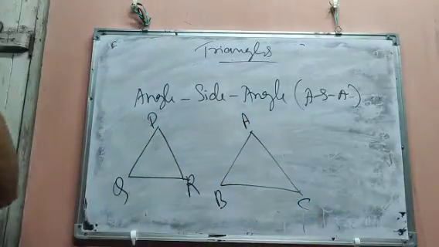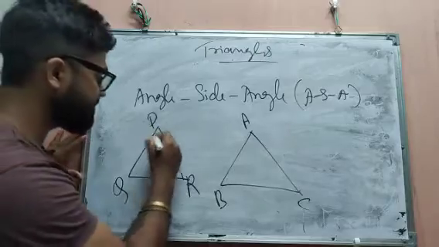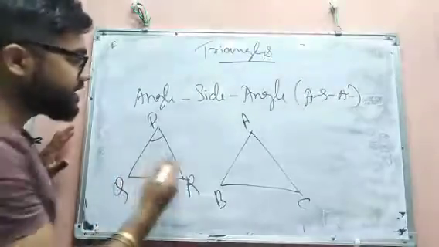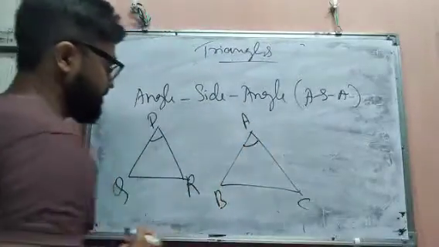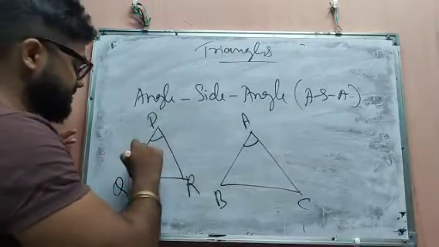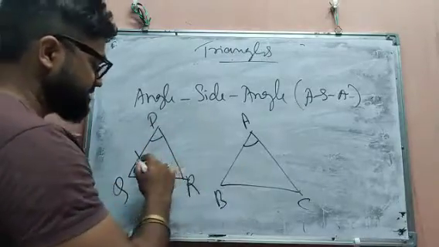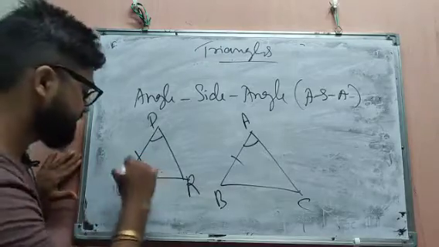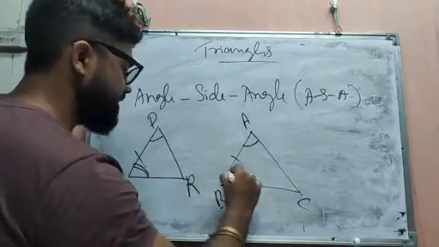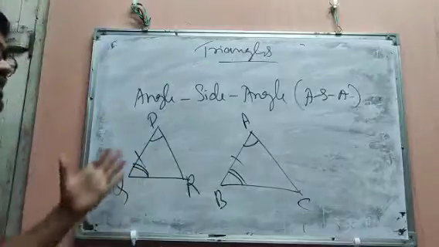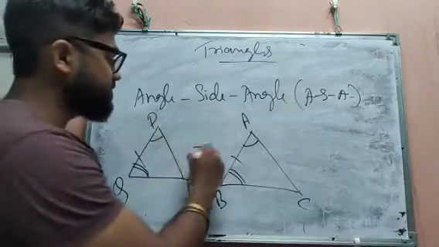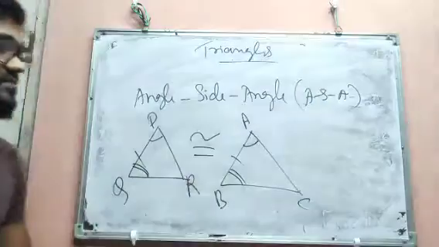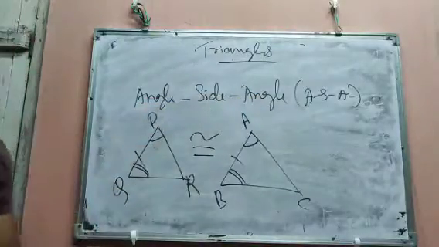Okay, so angle side angle, that means suppose angle P, the corresponding angle of P in this triangle is A, and then side, suppose this PQ side, the corresponding side of PQ is AB, and another angle, suppose like that, and here it is angle B. If they are equal, then these two triangles will be considered congruent by the angle side angle rule.